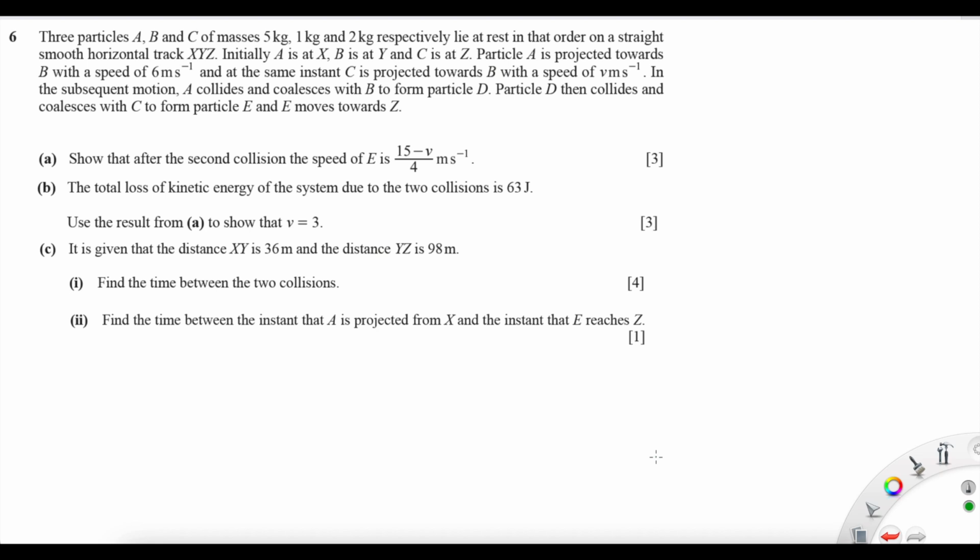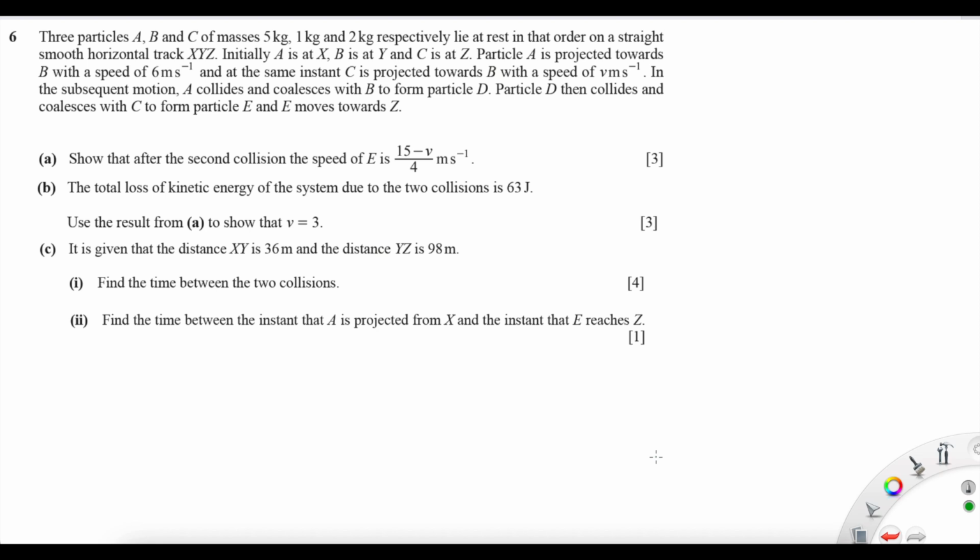At the same instant, C is projected towards B with a speed of v meters per second. In the subsequent motion, A collides and coalesces with B to form particle D. Particle D then collides and coalesces with C to form particle E, and E moves towards Z.